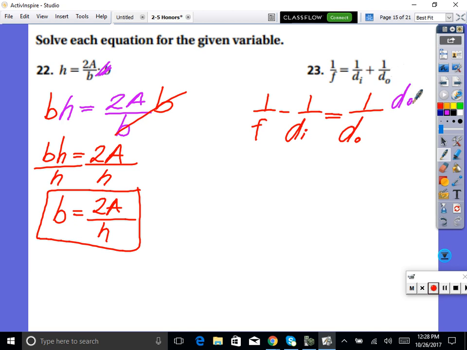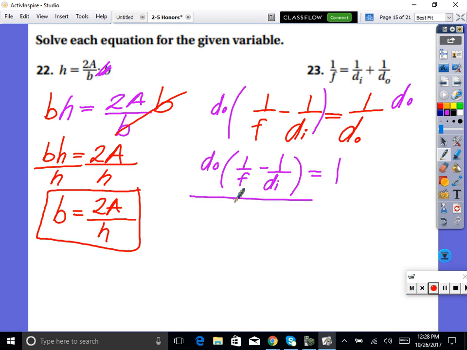Okay, so look. If I multiply by d naught to both sides, that's not a horrible idea. So then I would have this, d naught times 1 over f minus 1 over di equals 1. Now what would be your next step? Divide by that, right? This isn't, like I said, wrong.